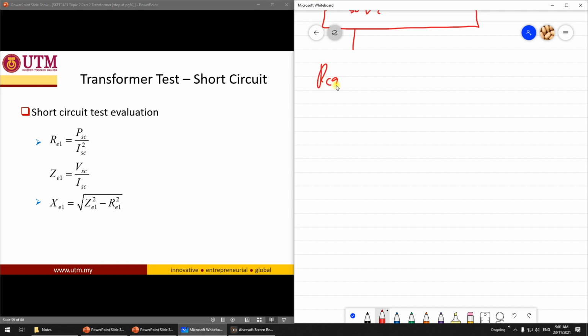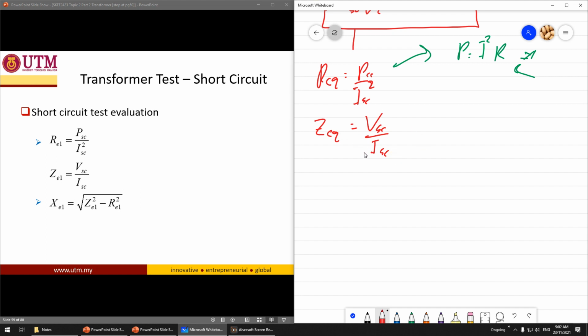So Req equals P divided by ISC squared. If you don't know where this comes from, it is from P equals I squared R, if you recall chapter 1. Make sure you don't forget the square. Then you have to find the Z equivalent, ZEQ, which is just VSC divided by ISC.